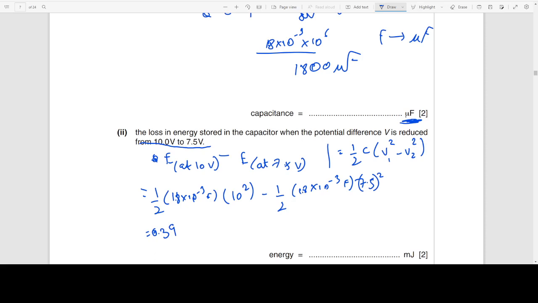So what we get is, yeah, 0.039 joules, but as you can see they want it in millijoules, so we just multiply by 1000, or 10 raised to 3, which gives you 39 millijoules.